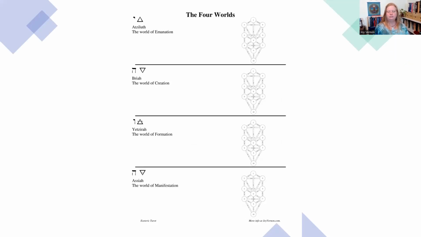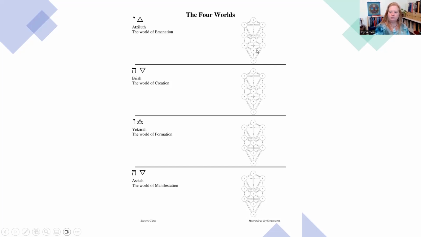So then the four worlds, this is the last way of looking at it, and this is what's important for our 40-step process. You can put the entire tree in Absolute, and you can put the entire tree in Bria, and the entire tree in Yetzirah and Asiya each. And so then when we remember that Absolute is the element fire, and it's a suit of wands, and that the 10 Sephirot, 1, 2, 3 through 10, are all in that tree, all of a sudden it's like, oh, so we have ace through 10 of the suit of fire, the suit of wands.